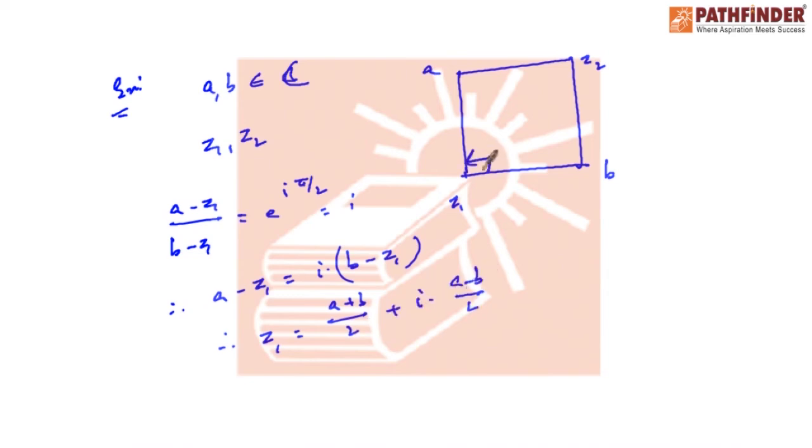So, this is obtained by this concept of rotation along this particular angle. Similarly, if we consider the concept of rotation here, we will get z2 equal to (a plus b) by 2 minus iota times (a minus b) by 2.